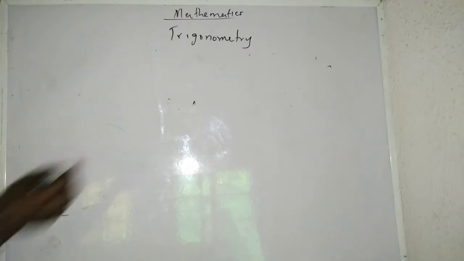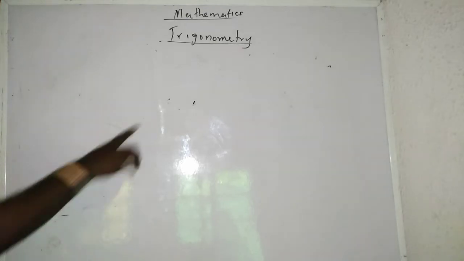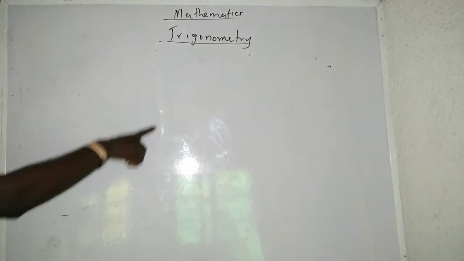Now, trigonometry is one applied aspect of mathematics. It is under shapes. We are talking about three angles, which involve three sides.